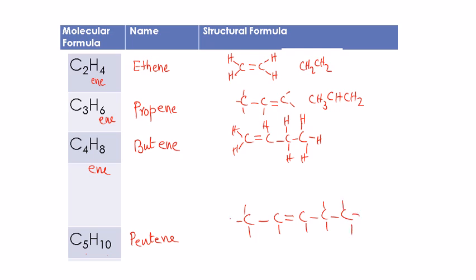You can see that we have 3, 4, 5, 6, 7, 8, 9, 10 hydrogens. So that's how we are going back, writing the name and the formula.